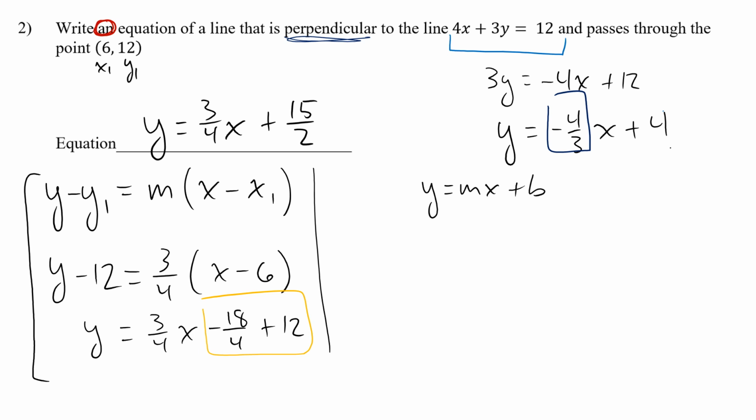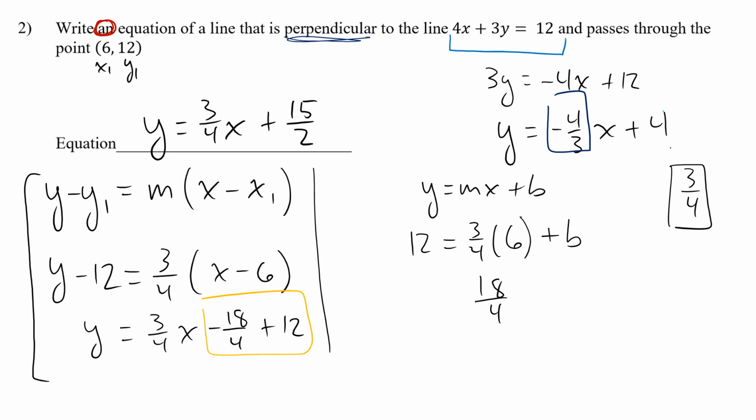I'm going to plug in the x and y from the point I have and the slope that I need. Remember, the slope that I need was positive 3/4 because it has to be perpendicular. So I'll write down 12, that's my y, equals positive 3/4 times x, which is 6, and then plus b. Oh, that 6 got erased. So you can see this is the same path we've just been on. 3 times 6 is 18, so this becomes 18/4, and that equals 12.